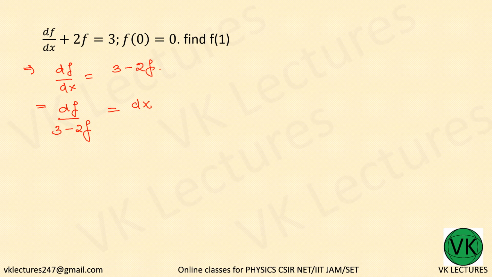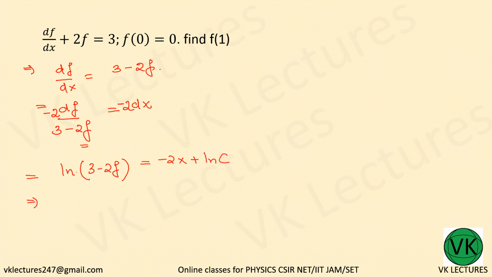Okay, so I will just multiply here with minus 2 because I want its differentiation in the numerator. So here also I will multiply by minus 2. I hope this is fine. So log of 3 minus 2f equal to minus 2x plus log c would come.